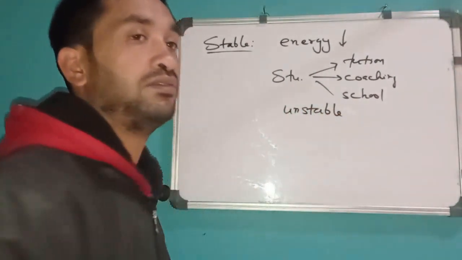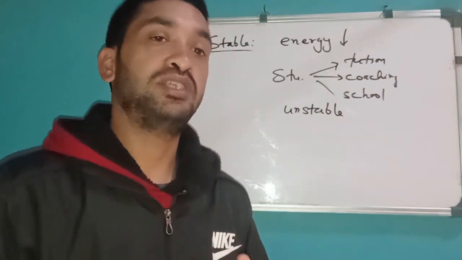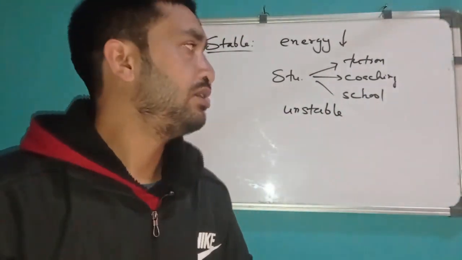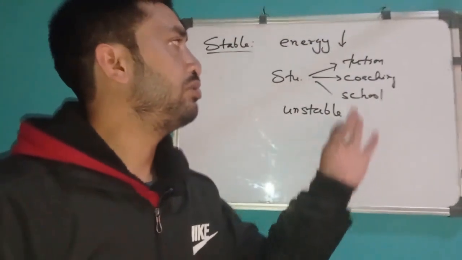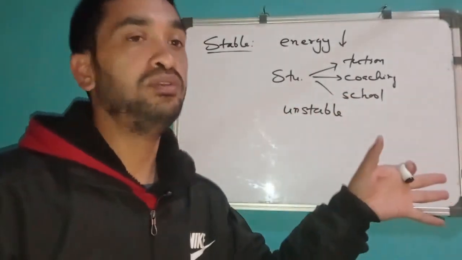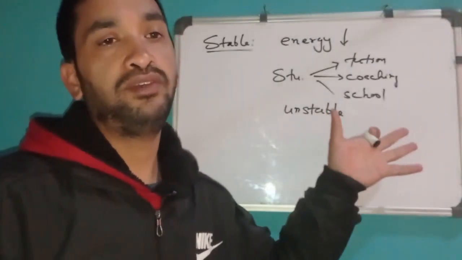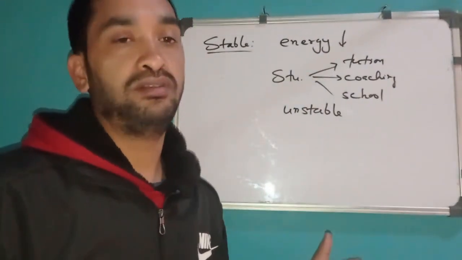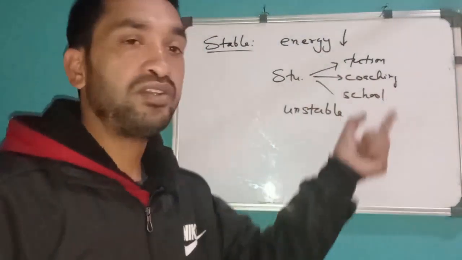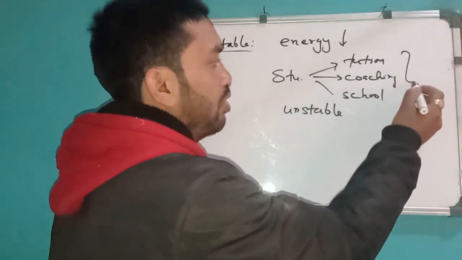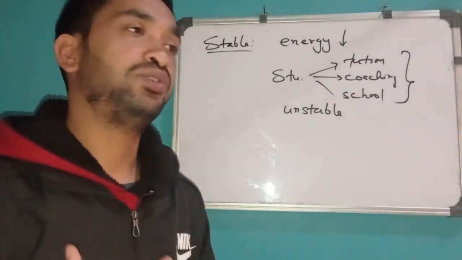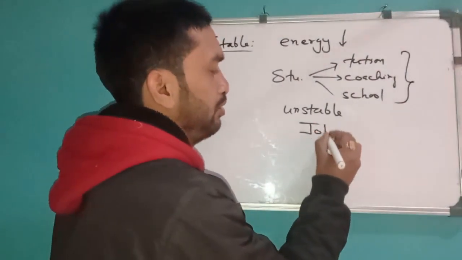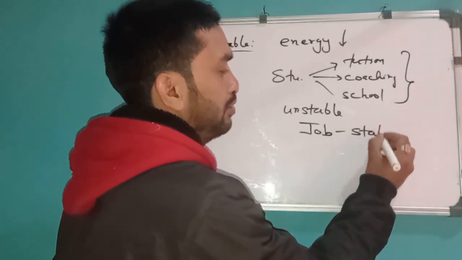Stable means if you are at a place, then it is said that right now you are stable. But if you are continuously running to school, then tuition, then coaching, even in the school, going to the washroom, tiffin, then your PT period and all, every time you are running as a student. But after some time, when because of all these things, your tuition, your studies, your coaching and all, you get a job, then you say that I'm stable.